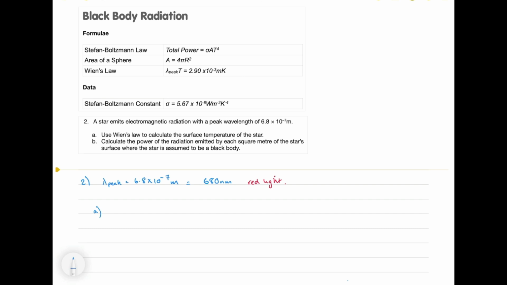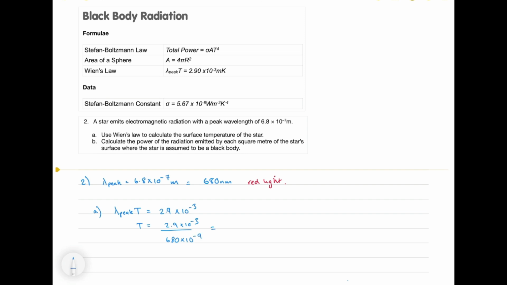So A, use Wien's law, or Wien's law in German, I can't say it, sorry. 2.9 times 10 to the minus 3, and T is equal to 2.9 times 10 to the minus 3 divided by 680 times 10 to the minus 9, which is nanometers.